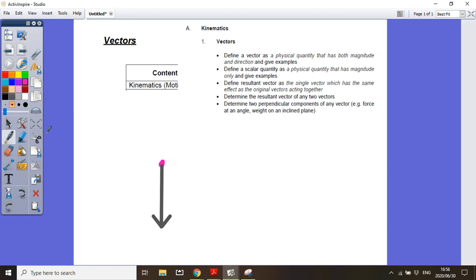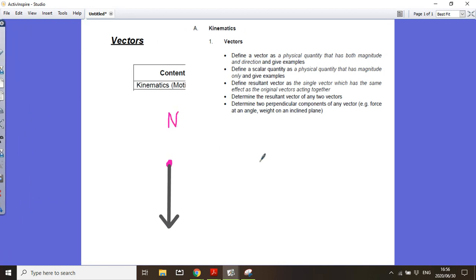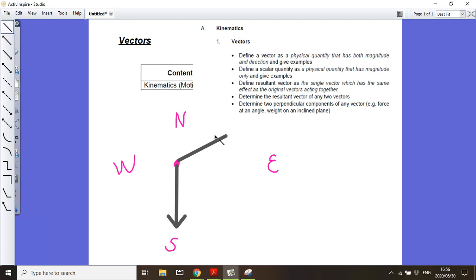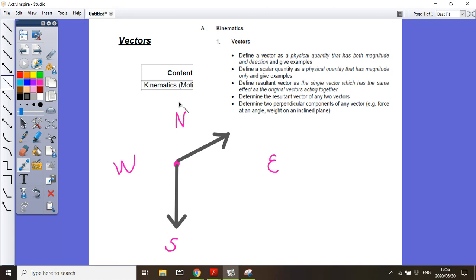Now, the next thing is we are going to use north, east, south, and west to indicate the direction of a vector, or we're going to use bearing. Now, the first thing with north, east, south, and west, you cannot just say northeast. So when you have a vector that's going in this direction, for instance, you cannot say northeast because we don't know what the exact angle is. So when you state the direction of a vector, you need to state it in relation to the angle, always.